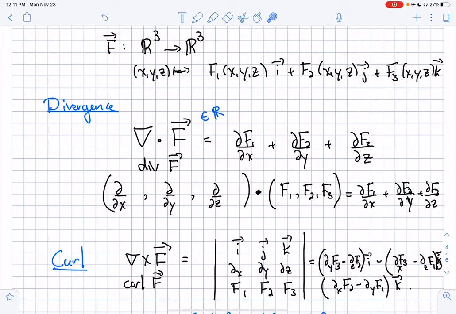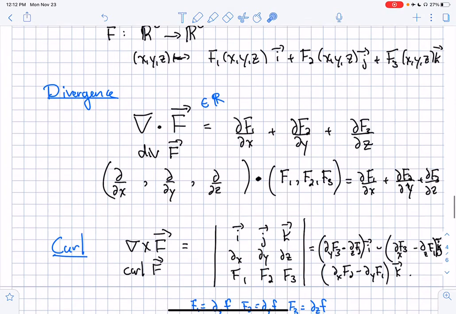Now, if I do the dot product with that vector, it gives me the 3 coordinates of the vector field. What I get is the derivative in x of f1 plus, this is no longer a vector, it's a dot product, so it gives me a number, del f2 y plus del f3 z. So that is the divergence. It's a number, not a vector.